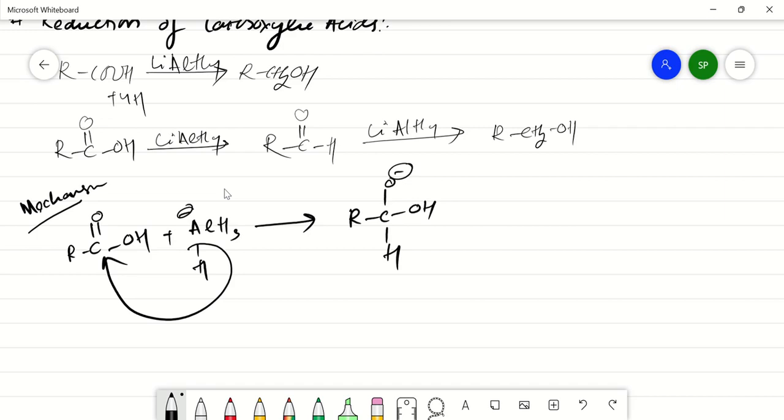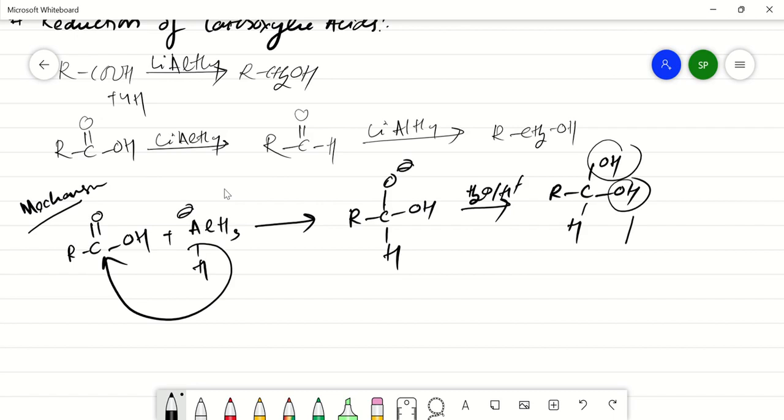This O minus, from the hydrolysis this will form RCH(OH)2. Two OH groups on the same carbon is unstable, that's why it will lose one water.